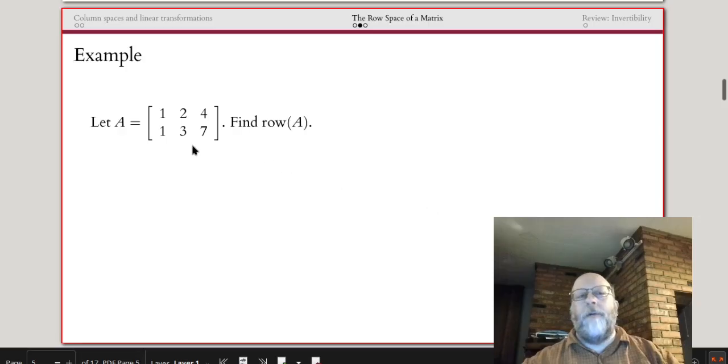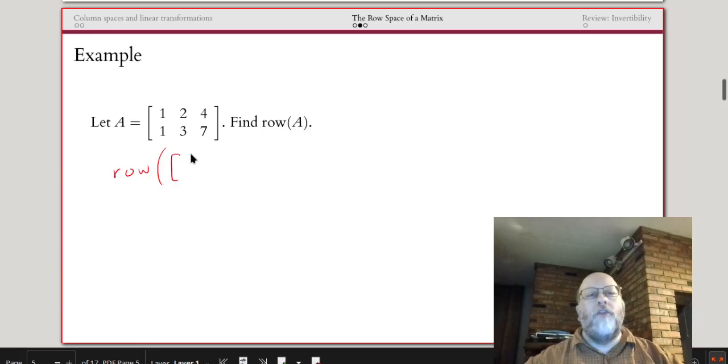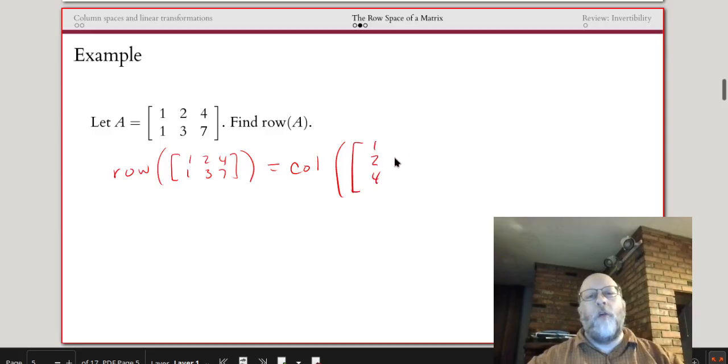So in this example, if I want to find the row space of this matrix, the row space of 1, 2, 4 going across, 1, 3, 7, is the same as the column space of, now 1, 2, 4 goes down, 1, 3, 7 goes down.